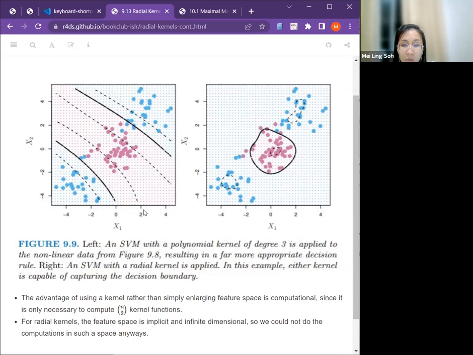It doesn't make sense to put the hyperplane here or here or here, so you actually need more of a support vector machine. Here, we apply support vector machines with a radial kernel, meaning observations near one another are usually grouped. Why is that? For the radial kernel, the feature space is implicit and infinite dimensional.